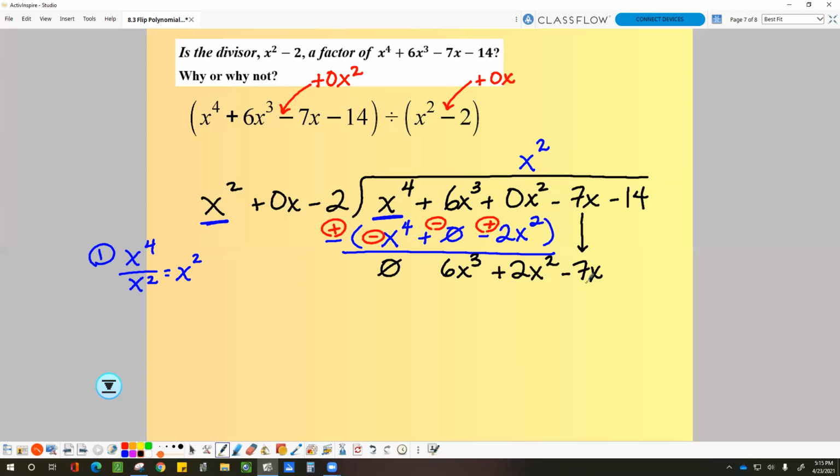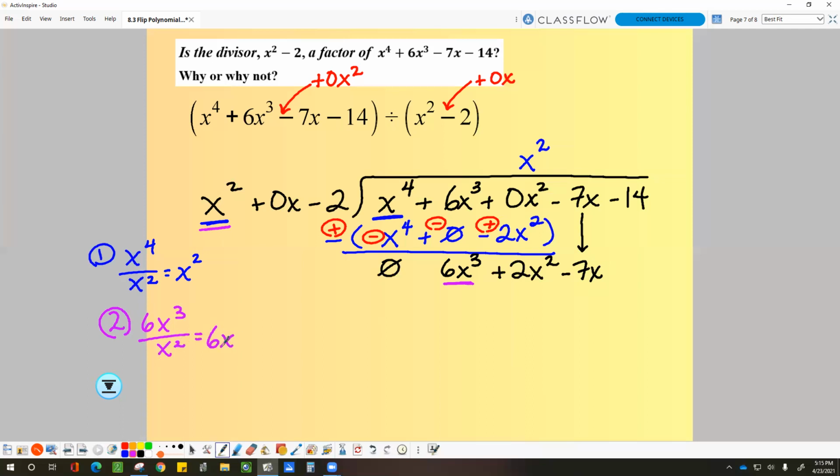Now I'm dividing 6x to the 3rd power by x squared. 6x to the 3rd divided by x squared is 6x.